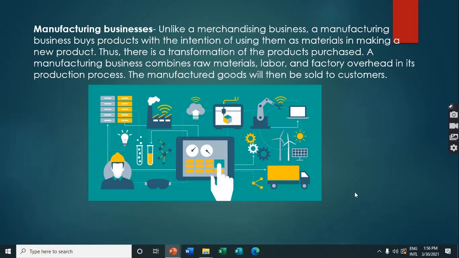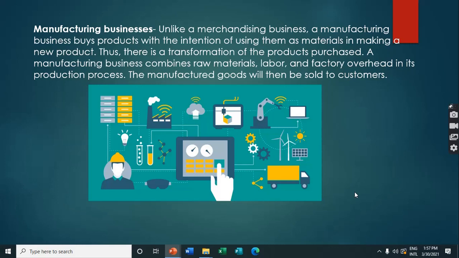Thus, there is a transformation of the products you purchase. A manufacturing business combines raw materials, labor, and factory overhead in its production process. So, the manufactured goods will then be sold to the customer. So, pag sinabi nating manufacturing business, you turn the raw materials into new product para yun yung ibenta mo.